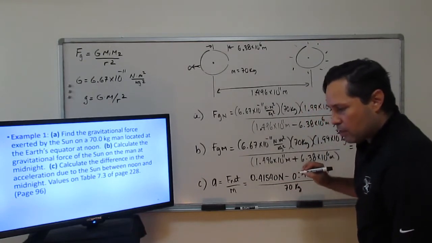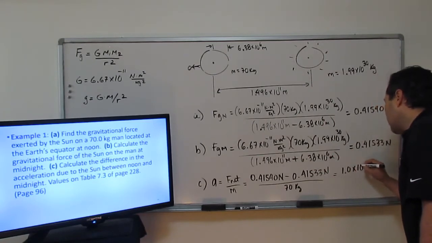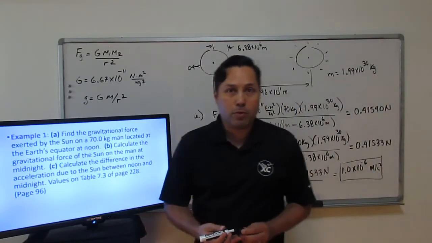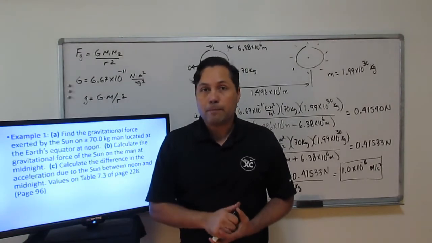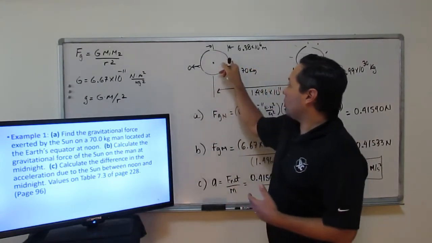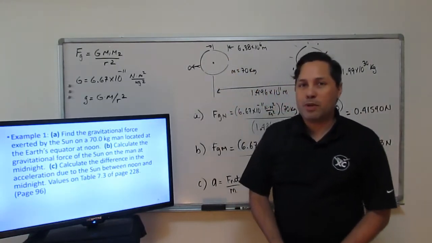And that gives us a value of 1.0 times 10 to the negative 6 meters per second squared, which is a very, very tiny number, so it's imperceptible to you and me. Okay, but there is a difference when you are closer to the sun during daytime, when you're further away from the sun at midnight.